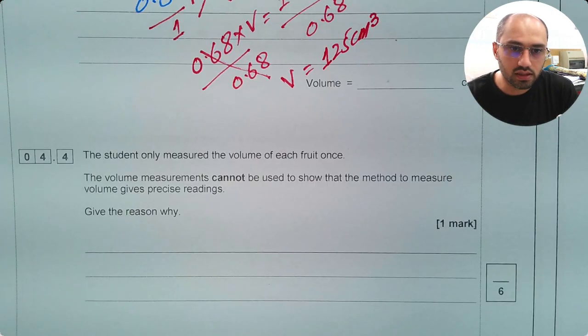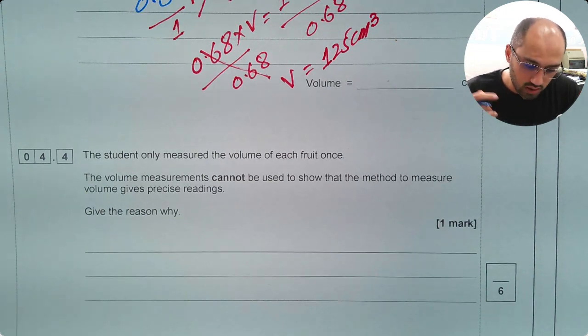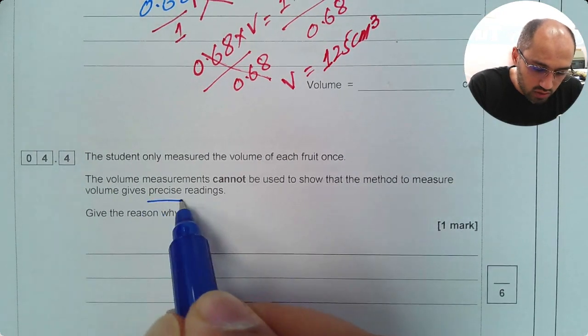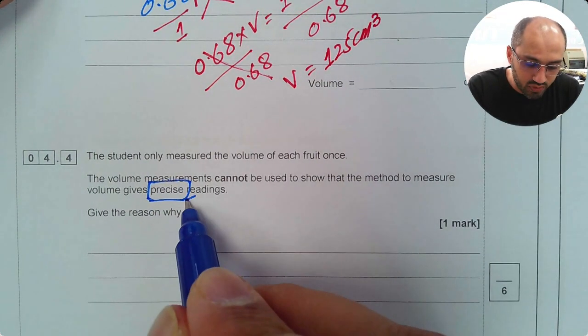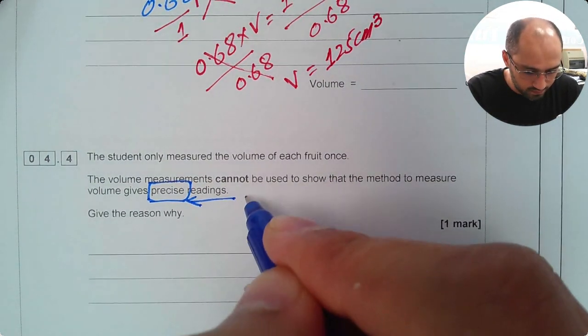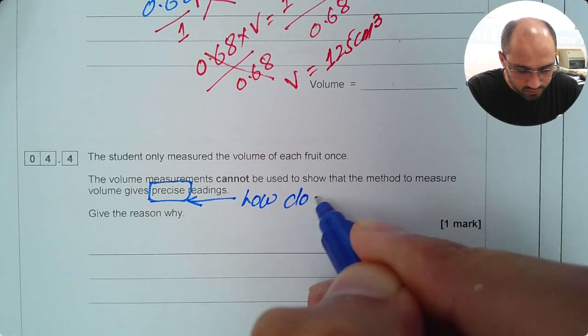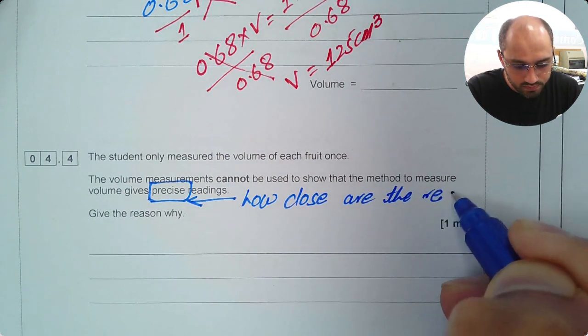Next part says the student only measured the volume of each fruit once. The volume measurements cannot be used to show that the method to measure volume gives precise readings. Give the answer why. So in this case, first thing we need to identify is what does the word precise mean. Precise means how close the readings are to each other.